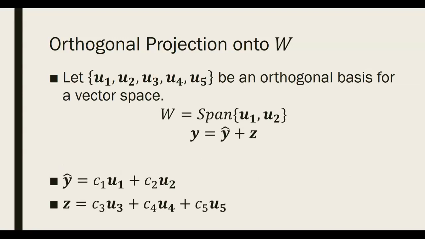Now here's how we do it. Let's assume we're in a vector space which has an orthogonal basis. That orthogonal basis I'm going to call U1 through U5. And we're going to let W be linear combinations of U1 and U2.